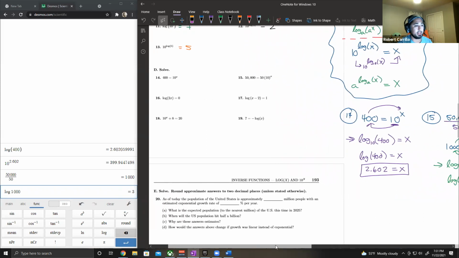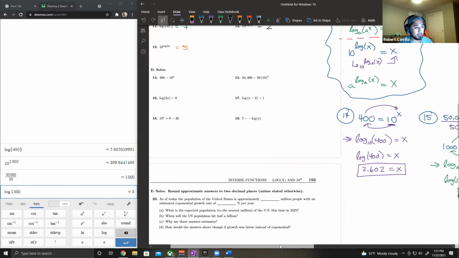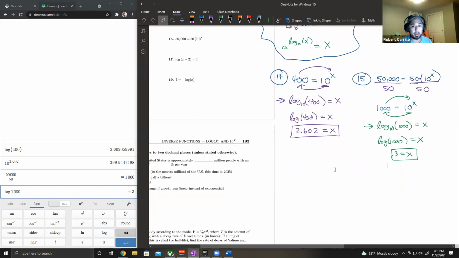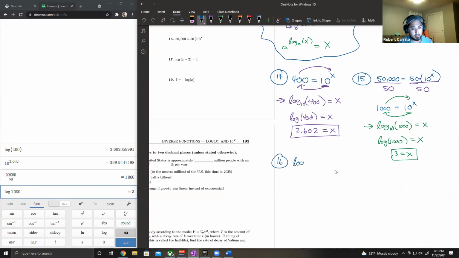All right, 16. Log of 2x equal to 0. Okay, so for 16 now, we are given a logarithm and we have to solve for x. So we have to get this x outside of the log.